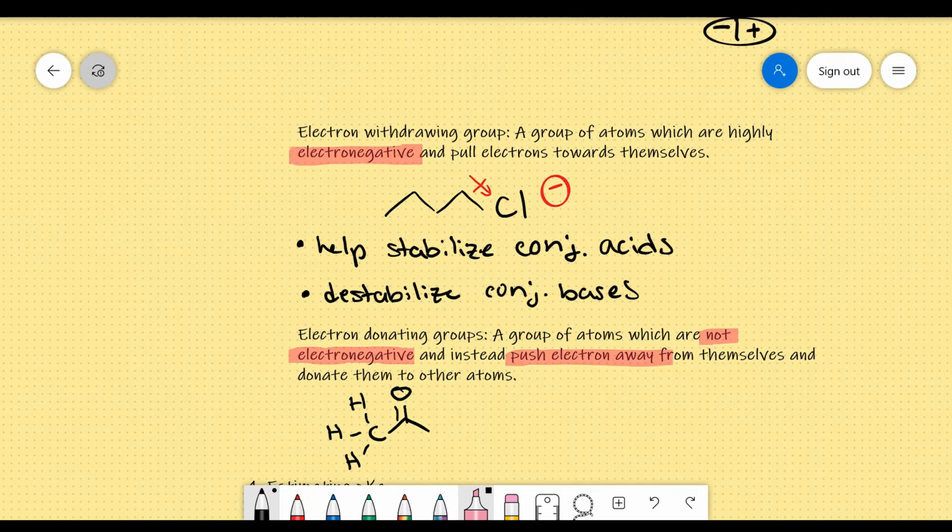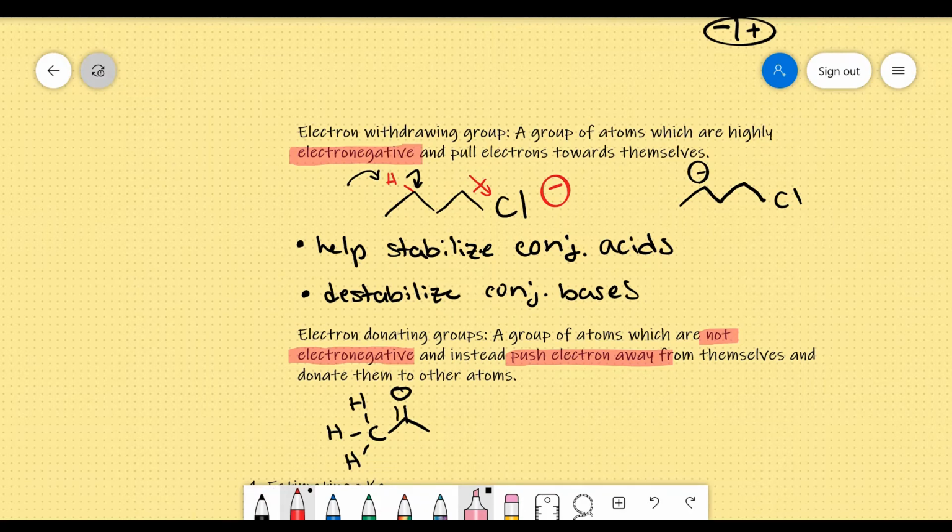Let's say somewhere in this carbon chain we have an acidic hydrogen and it gets taken away, right? So the electrons fall back onto this carbon. Now we have a carbon that has excess electrons, so it's going to have a negative charge. Now remember that through the inductive effect, chlorine is constantly pulling the electrons toward itself.